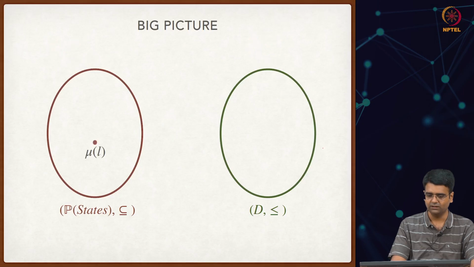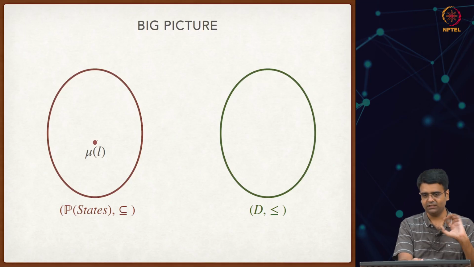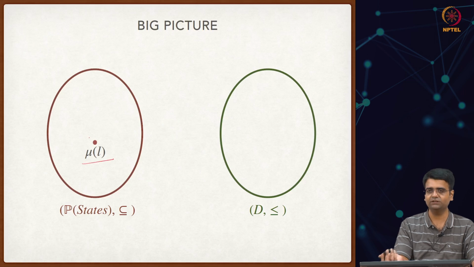So this is what I want to compute: for every location L, I want to compute the concrete GOP, which is the set of concrete program states which are reachable at that location L. But this I cannot compute because forward propagate doesn't always terminate. So instead I compute this mu hat of L, which is the abstract GOP, the abstract join over paths.